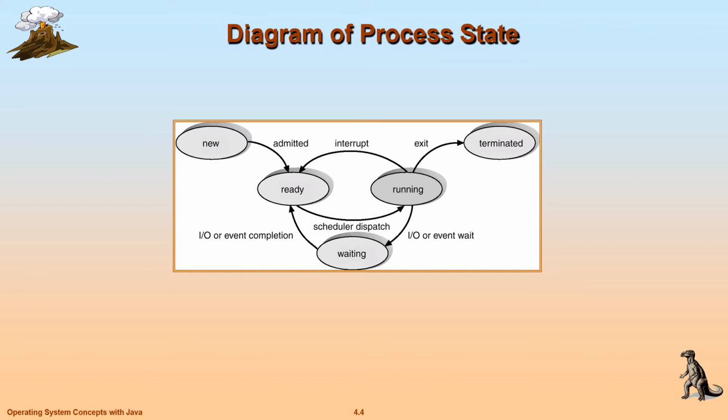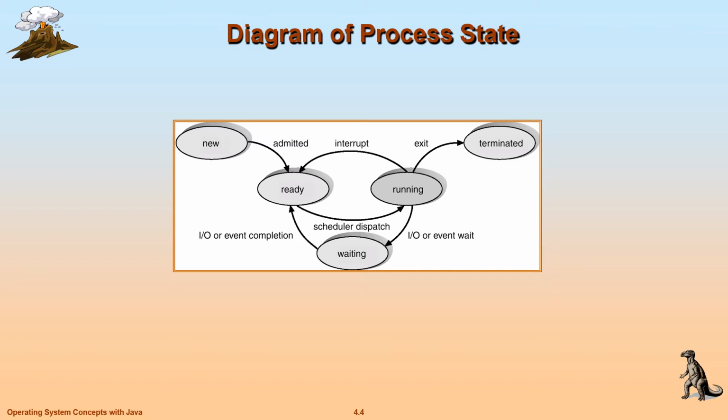This is the diagram of process state. If you see, a new process is created. As soon as a new process is created, it enters the ready state. From the ready state, the scheduler brings the process to running.